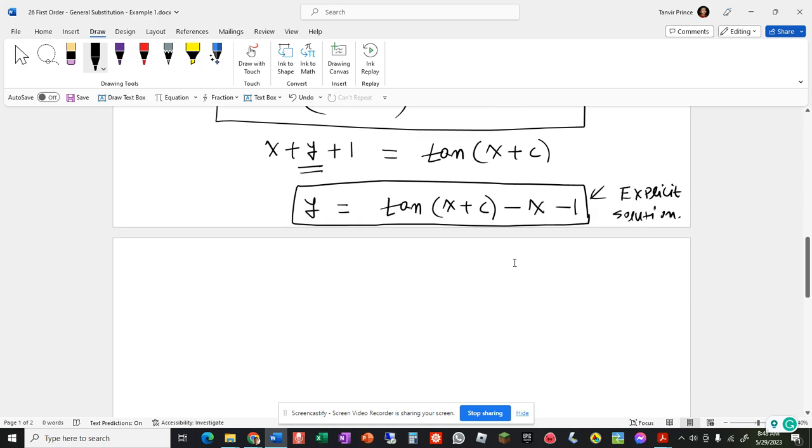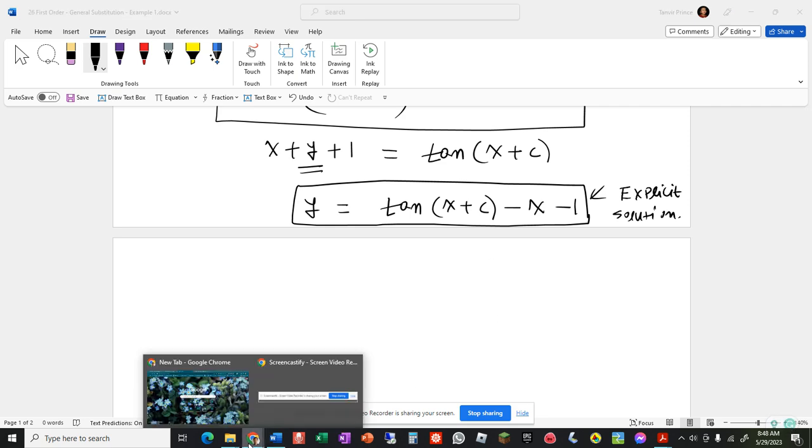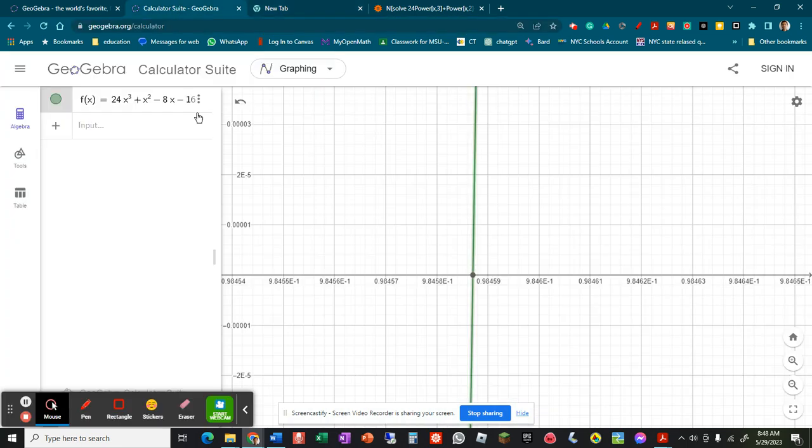And let's actually graph this in GeoGebra and see how the graph looks. It's always a good idea to play with the graph, because remember, we're not only solving algebraically, we are also analyzing the solution. Forget about that, that's from the previous question.